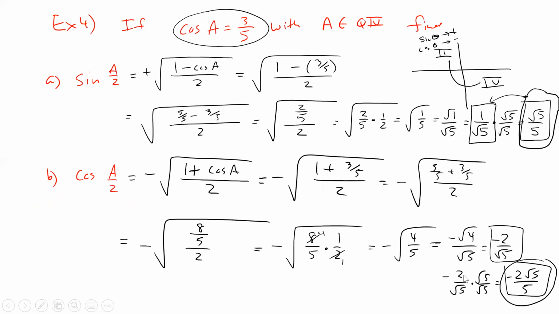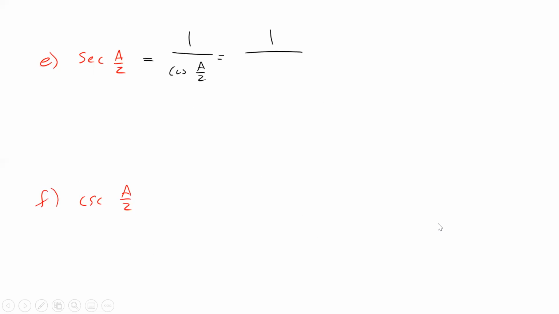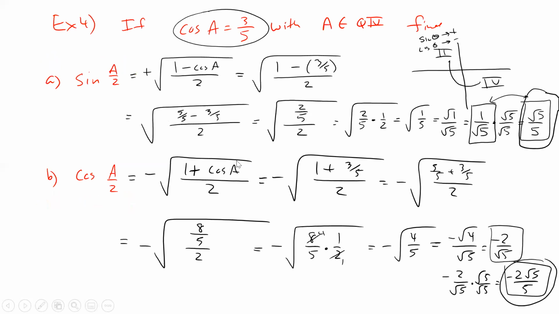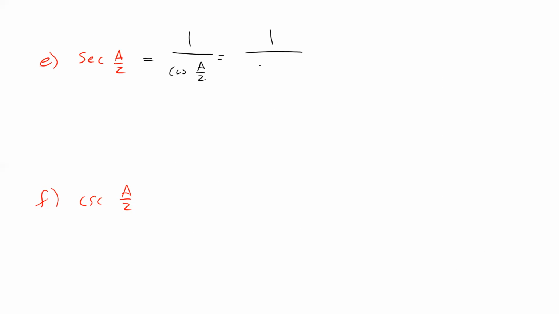Okay, cosine, we got -2 root 5 over 5, or we got -2 over root 5. The first one looks more simple, is that right? That guy seems a lot simpler. So secant is the same thing as 1 over cosine, and the angle has to remain the same. We just got this in part B, and I like the fact that it was -2 over root 5.